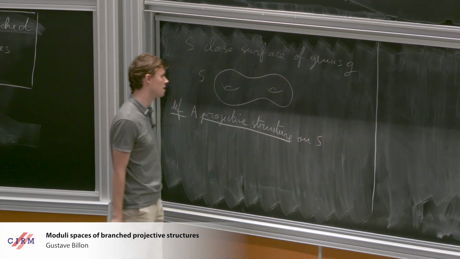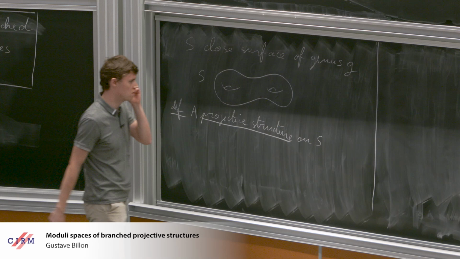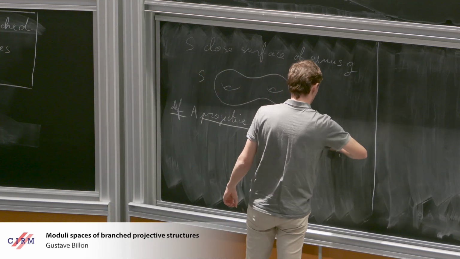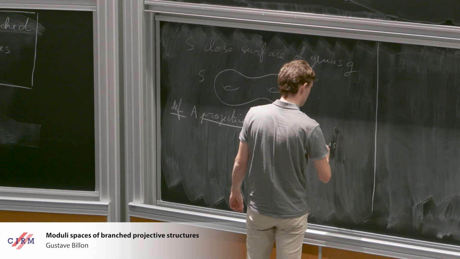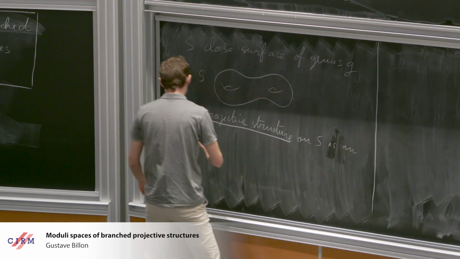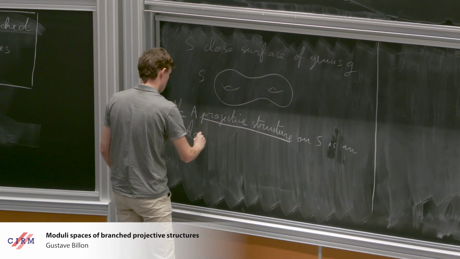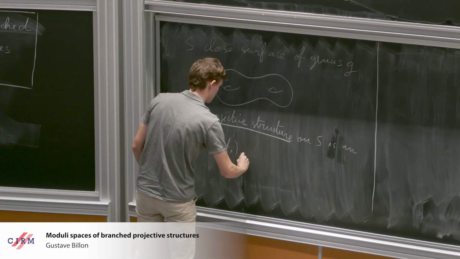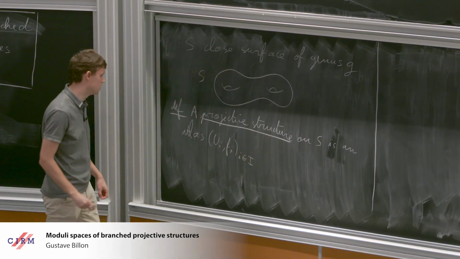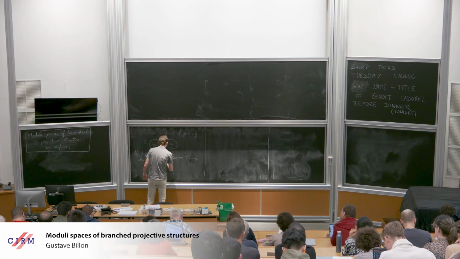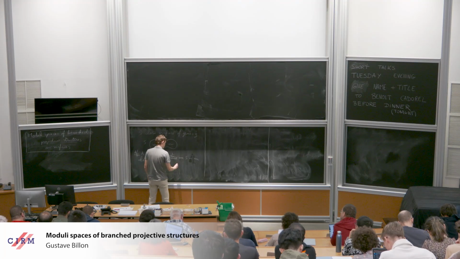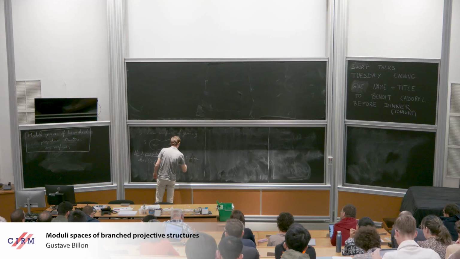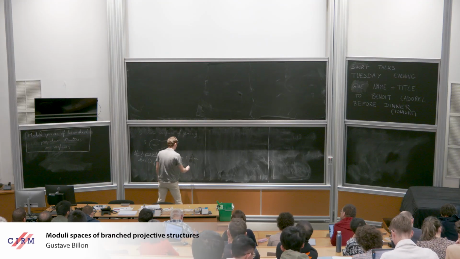It is an atlas with values in CP1, and the changes of charts are Möbius transformations. So it is an atlas (U_i, f_i), parameterized by the set I, such that f_i, which goes from U_i to CP1, is a local homeomorphism.